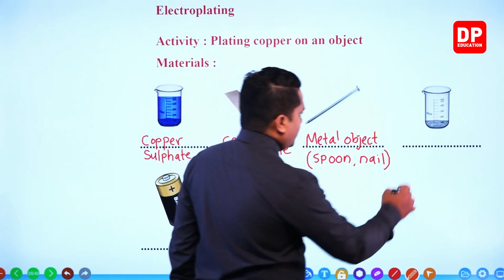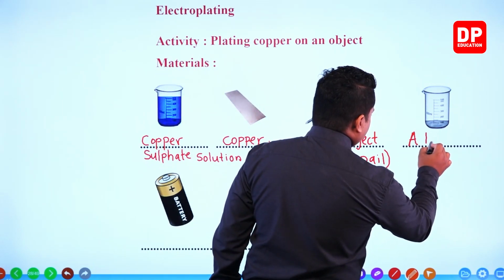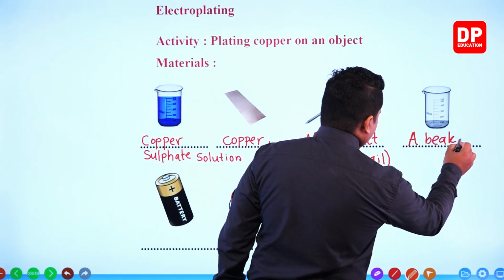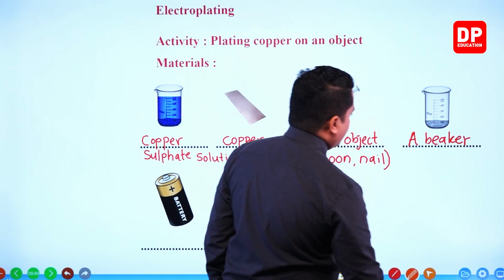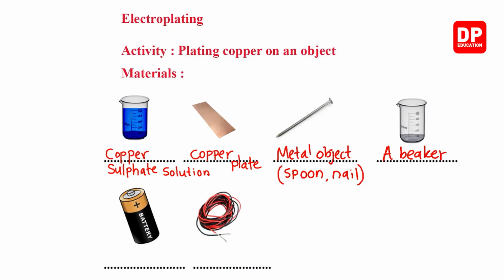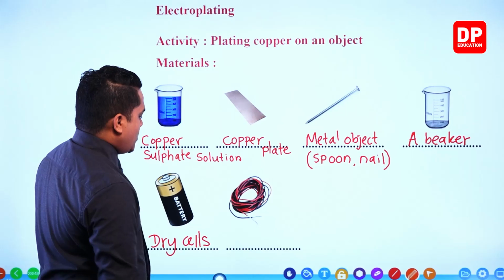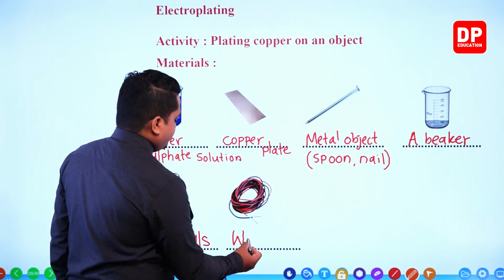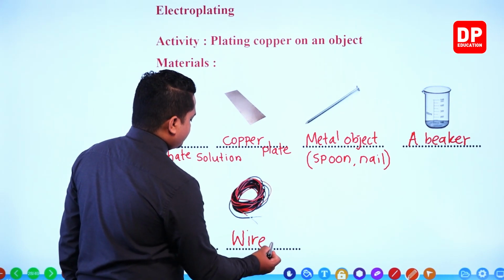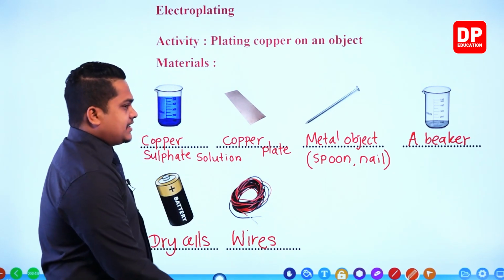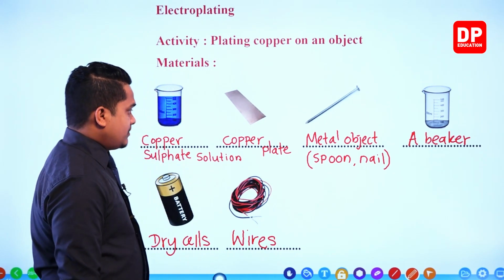Then a beaker, dry cells to provide electricity, and wires to connect the system. So these are the materials you need, my dear children. What are the materials?